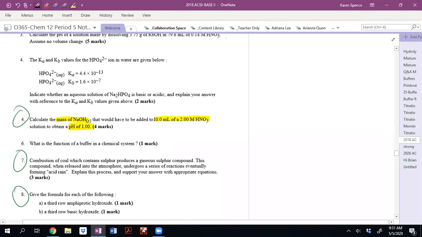So we want our pH to equal 1, which means we want our hydrogen ion concentration to equal 10 to the negative pH, which is 10 to the negative 1, which is 0.1.